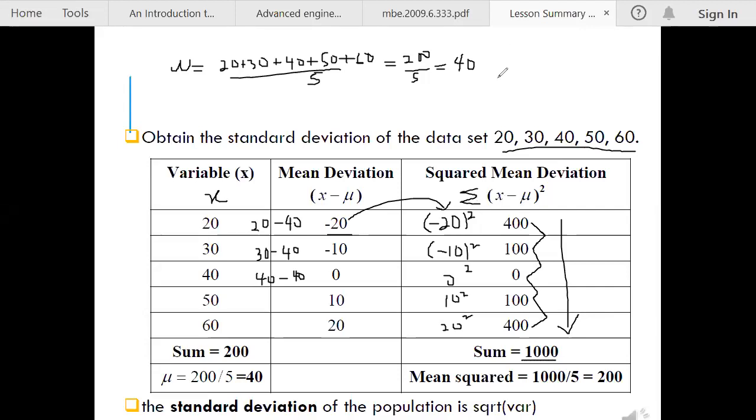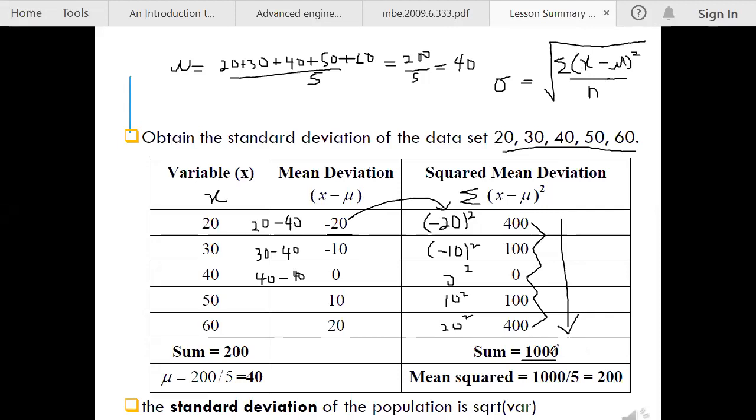And we saw from the formula that the standard deviation is the square root of the sum of square deviates from the mean, divided by n.